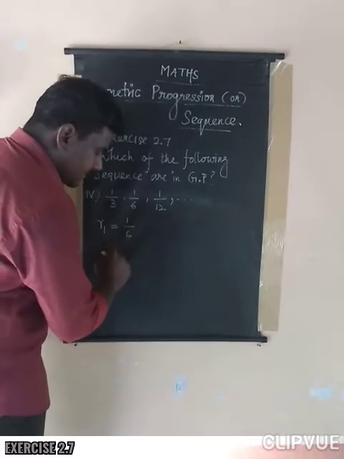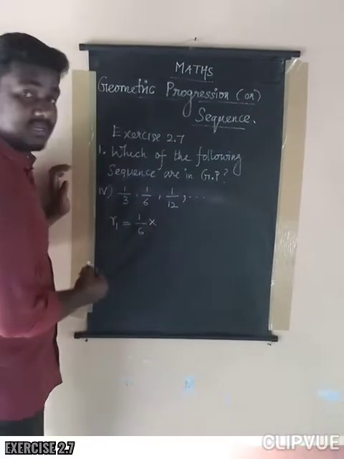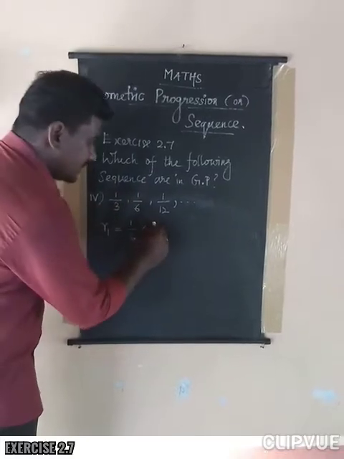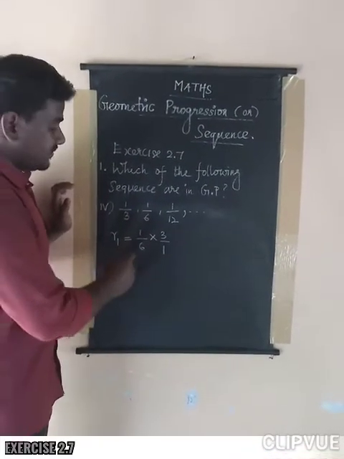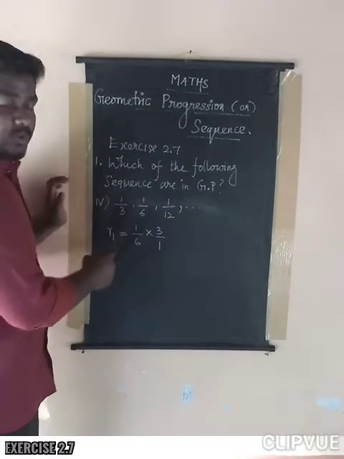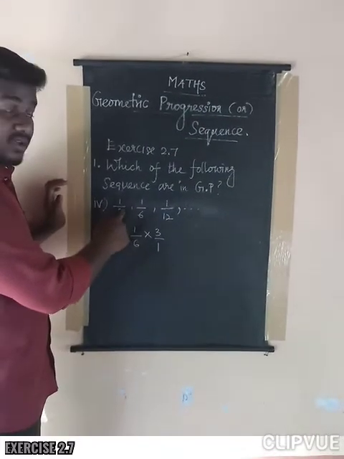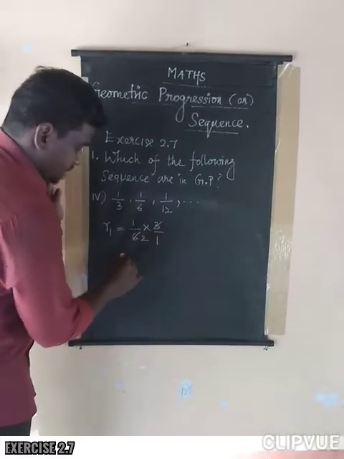Instead of writing it whole divided by 1 by 3, I am going to multiply by its reciprocal, that is 3 by 1. I hope you understand. Instead of dividing by the term, multiply by the reciprocal of the first term. The reciprocal of the first term is 3 by 1. 1 times 2 times.